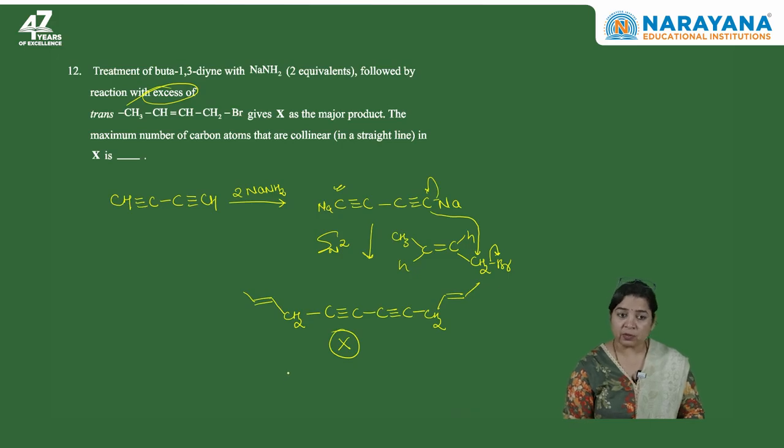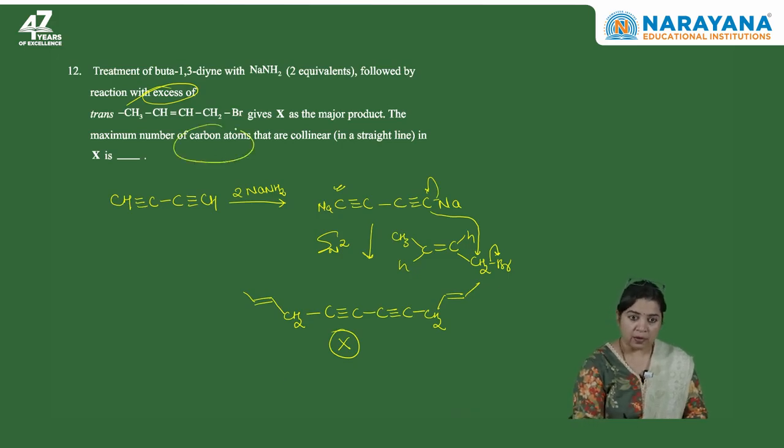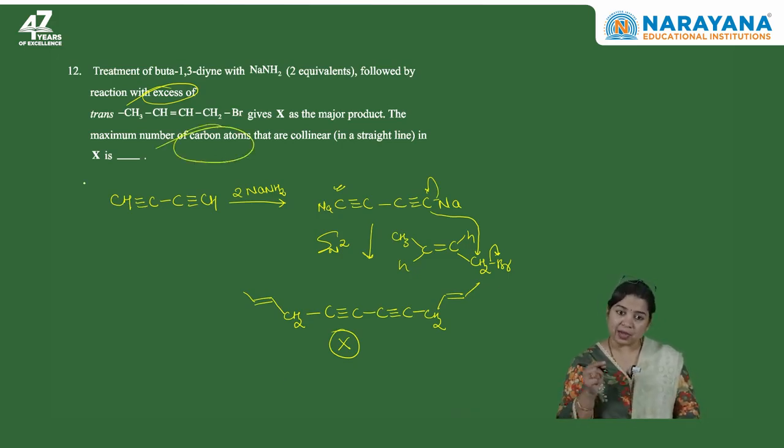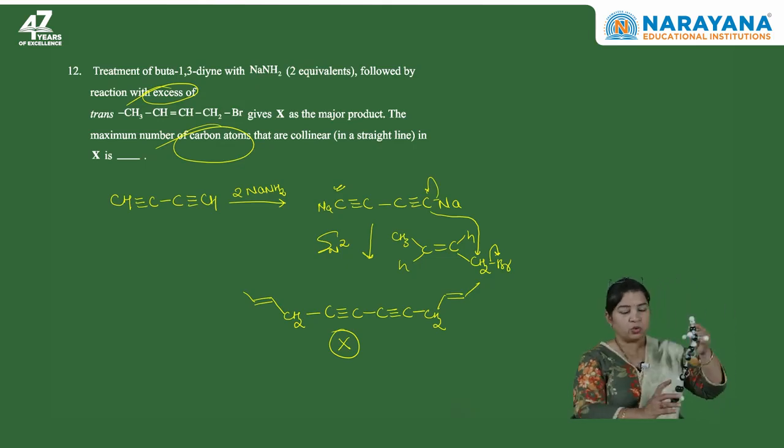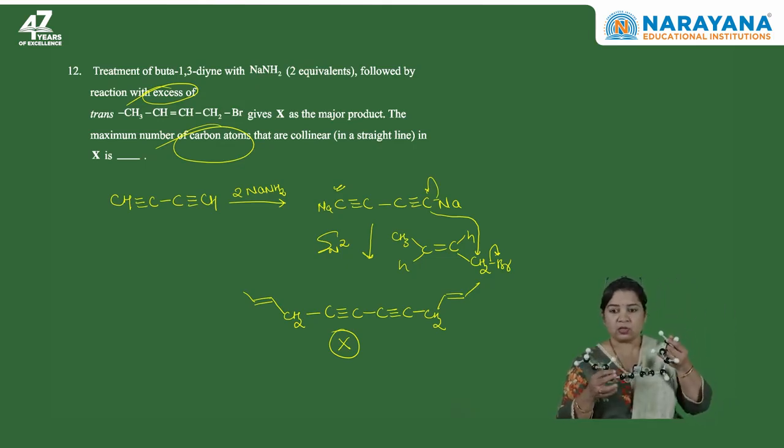The maximum number of carbon atoms, not atoms in general, carbon atoms that are collinear, that is, they are falling on one straight line in X is. So let me show you. This is the structure. I hope you can see the structure.